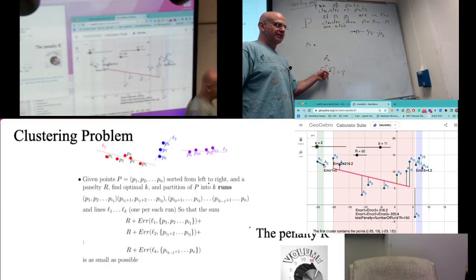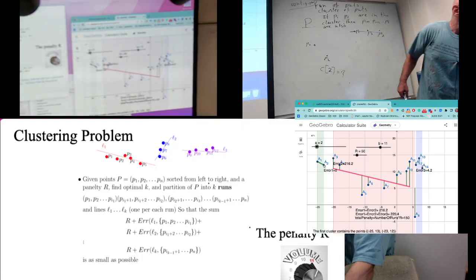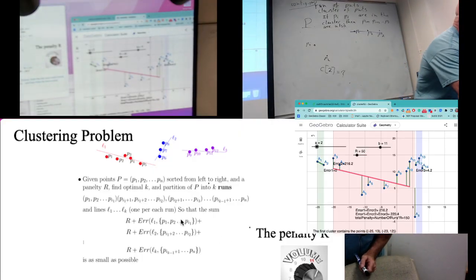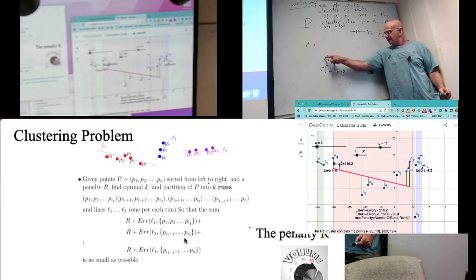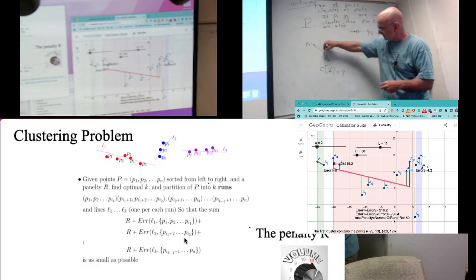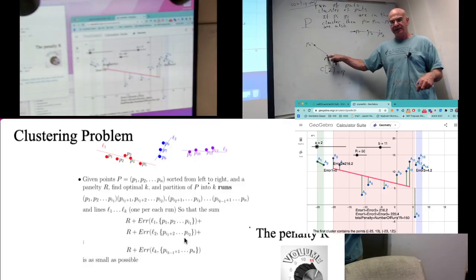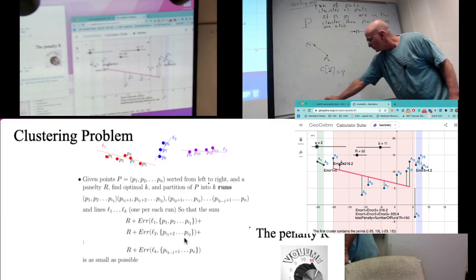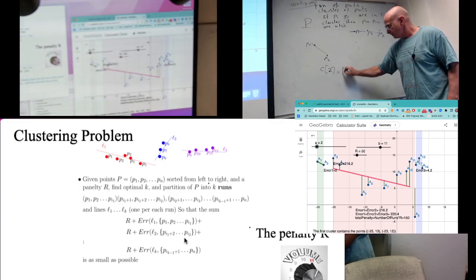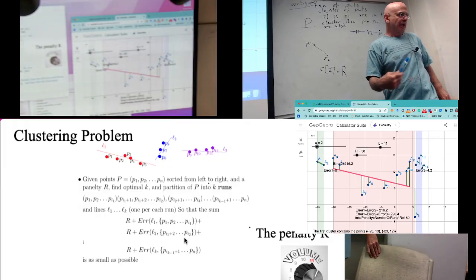What should C2 contain? Going back one slide, you see that the error will be how well can I fit a line to the set of points that start at P1 and end at P2, plus every run pays a penalty. The rightmost point of the run will pay a penalty. So C2 will not be 0, it will be R, because no matter what, I have to pay one penalty for C2.